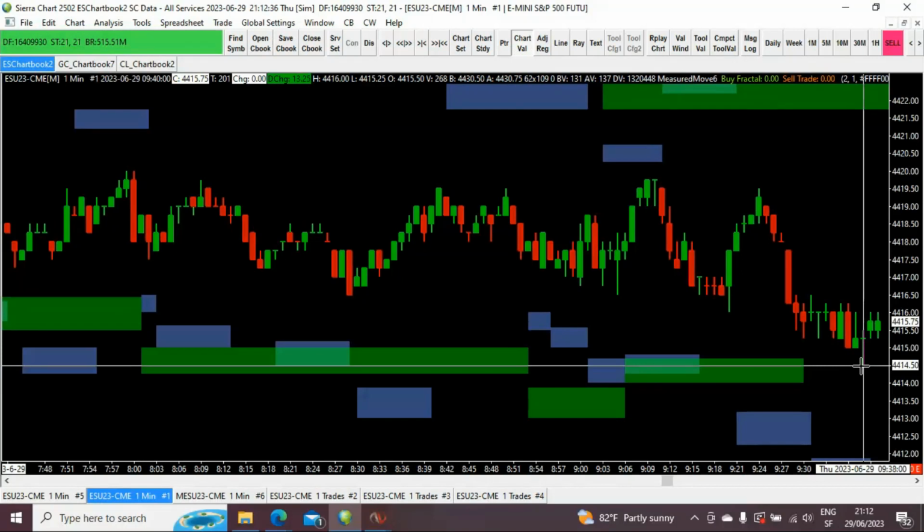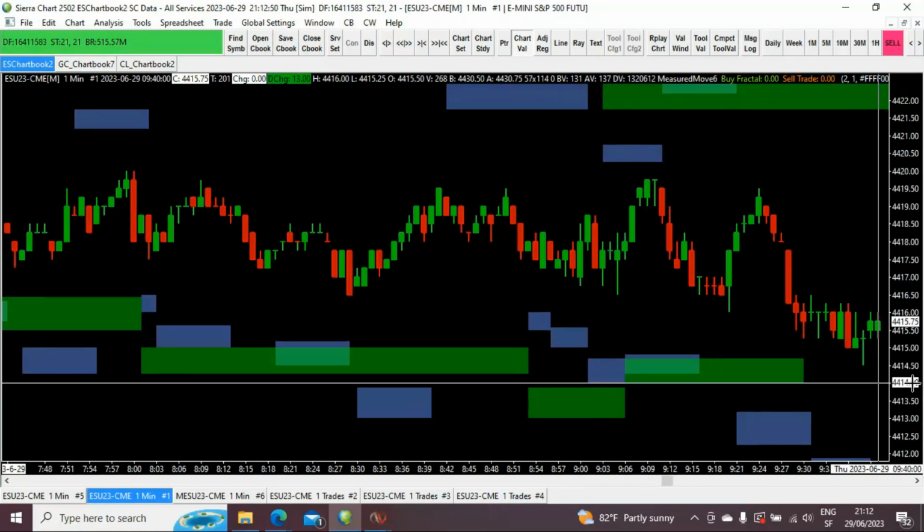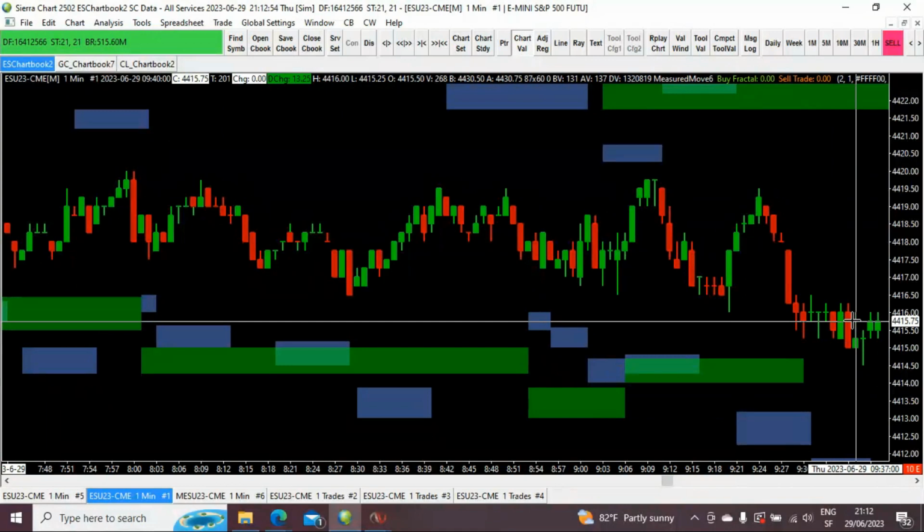Now, the difference between the minor and the macro levels is that at a minor level, we can quite often expect price to stall. You see that from this minor level here, about half an hour later, price did actually stall at that point.